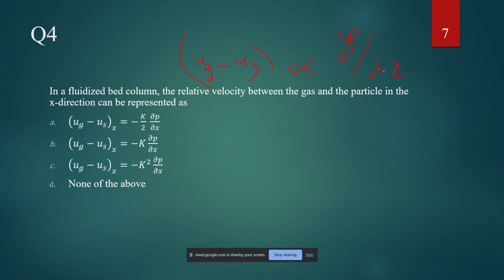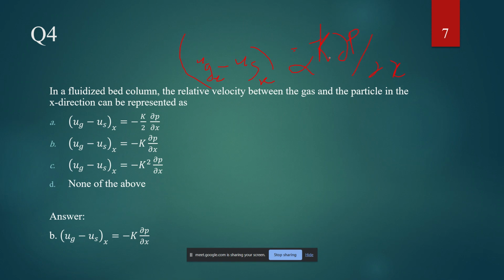Since it is at x, we are using x. So here it is ugx minus usx is proportional to minus dou p by dou x, so it is equal to minus k dou p by dou x. So the answer is option B. Ug minus us at x is equal to minus k dou p by dou x is the right answer.